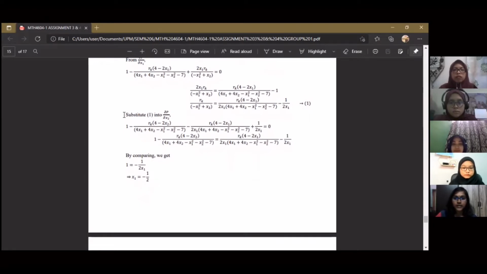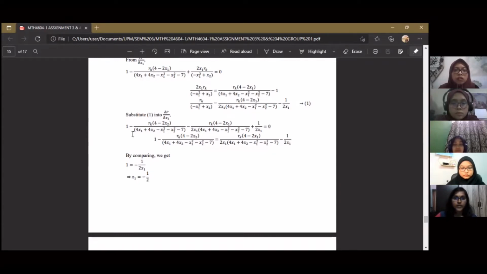So after we get equation number 1, we substitute equation number 1 into the P that we differentiate with respect to x2.